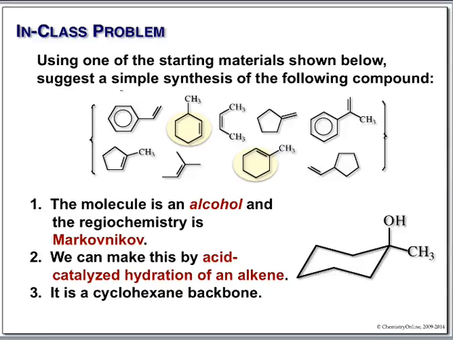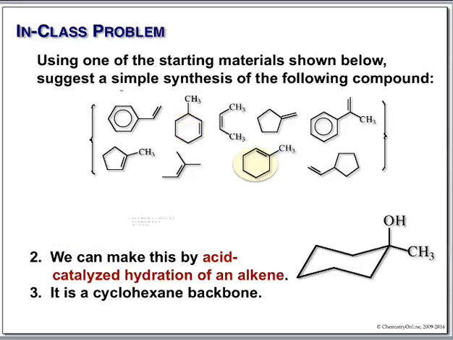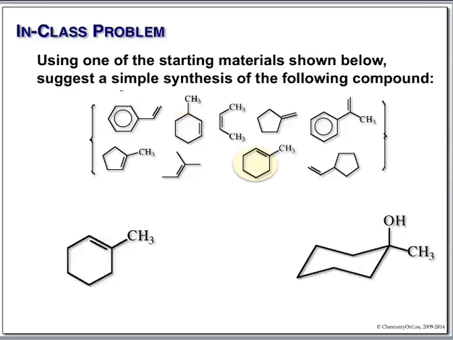Because this is Markovnikov, actually either one of these would work. Because this guy would give a rearrangement, but this is the simple one. All we need to do is add water. We can either do this with strong acid or with mercuric acetate.